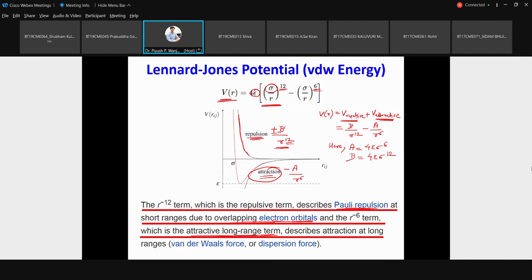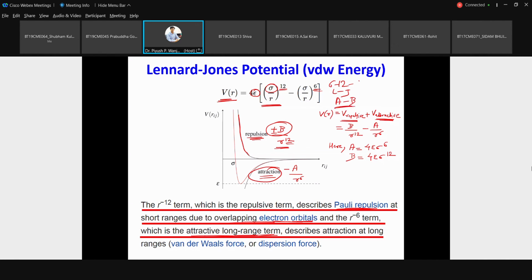Whatever the magnitude of the repulsive and attractive terms, it depends on your sigma and epsilon values. The same formula, which I call the 6-12 potential or LJ potential, many times we also call the AB potential.